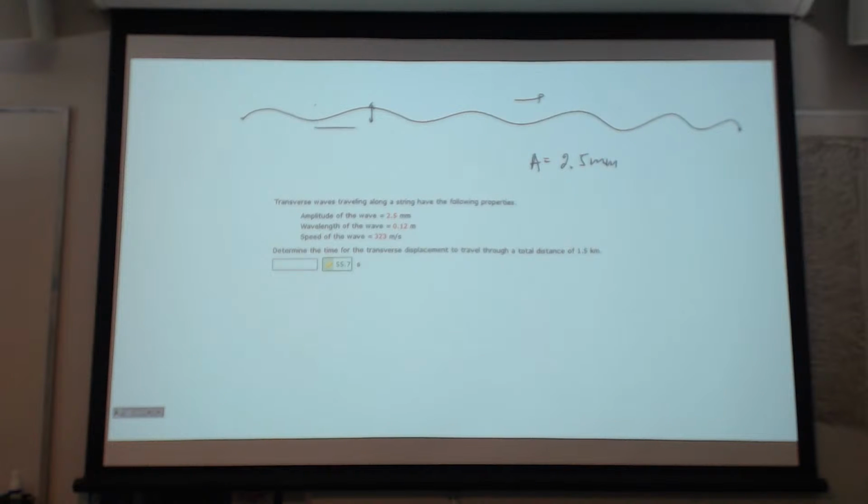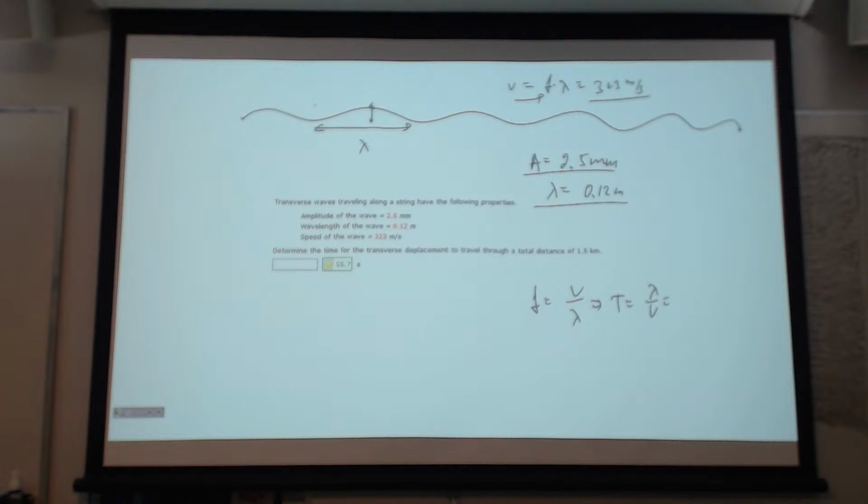You know the wavelength is equal to a given number, and the speed, which is equal to frequency times wavelength, gives you frequency or period. So you can calculate frequency as this, or you can calculate period as this, and that will give you a number for the period.